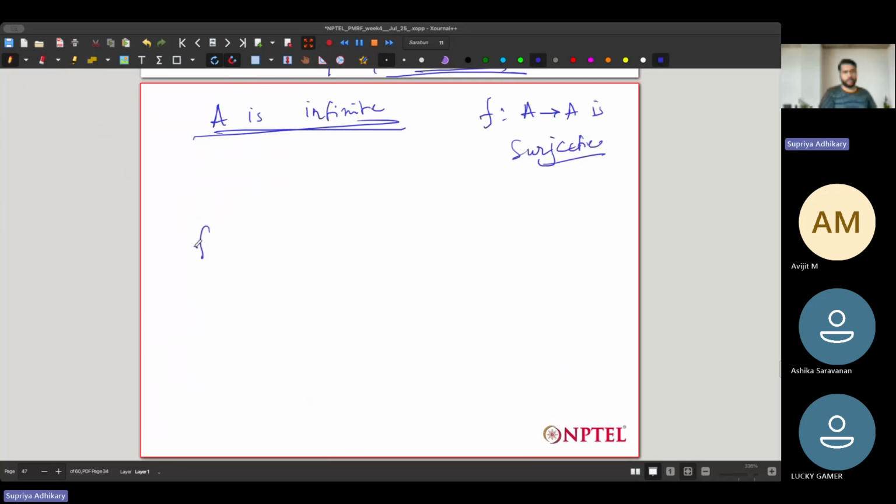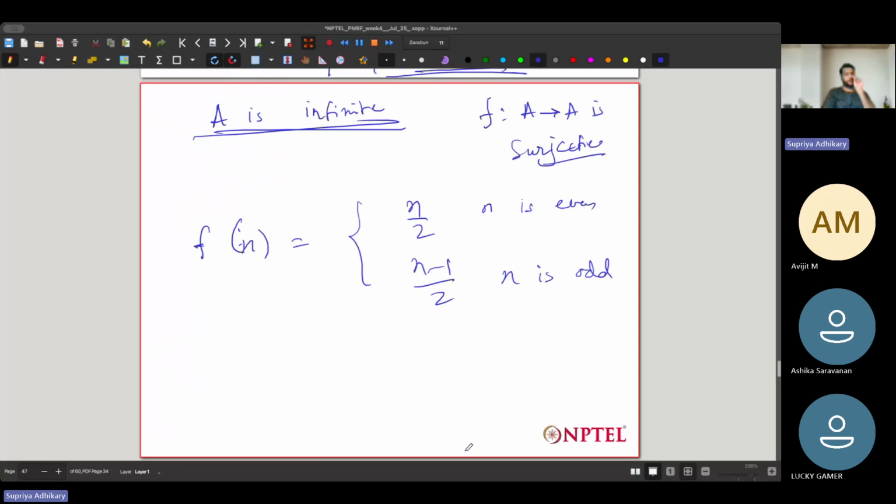So f of n can be considered as n over 2 if n is even, and n minus 1 over 2 if n is odd.